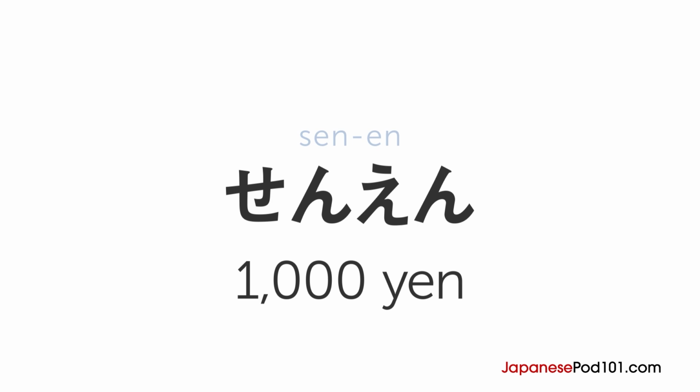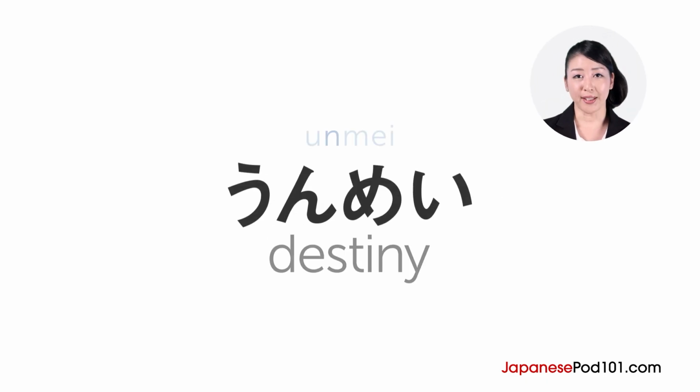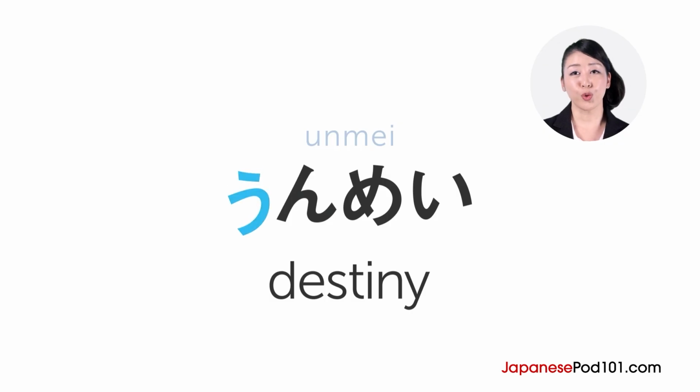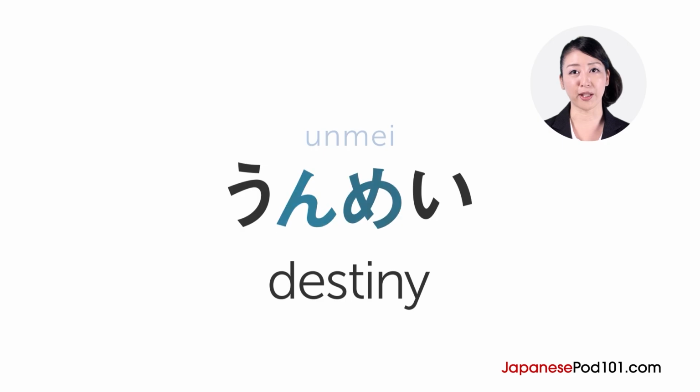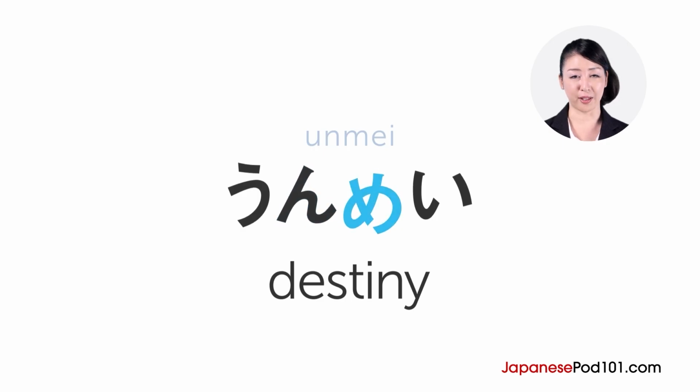In some cases, the n sound is influenced by a following consonant. The first case is unmei, destiny. Unmei, unmei. It sounds more like an m sound because it's influenced by the following consonant sound.